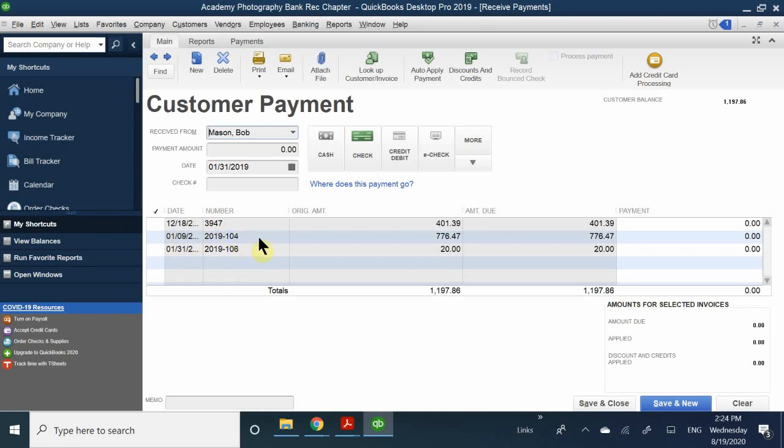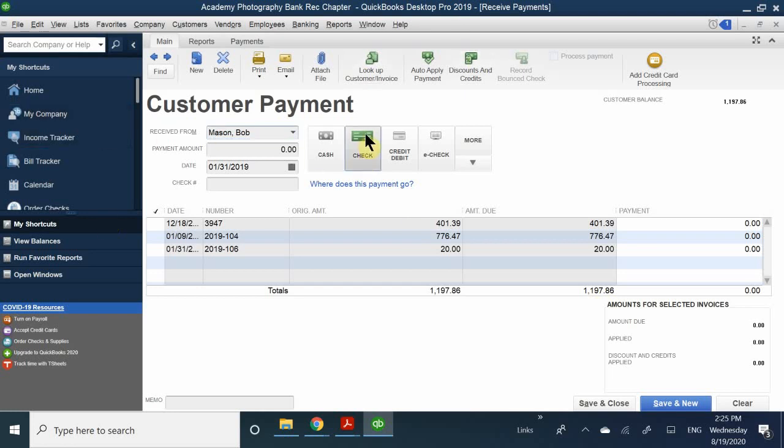Now, because he's paying us again for those two invoices, we automatically associate that he also has to pay an additional $20 on top of that. So instead of $1177, it's now $1197.